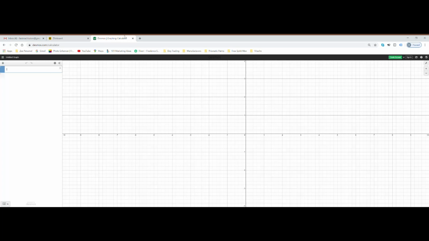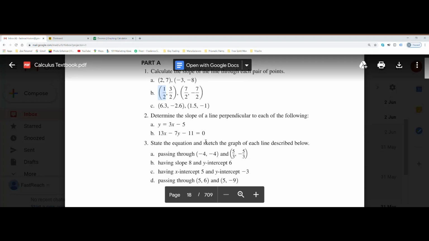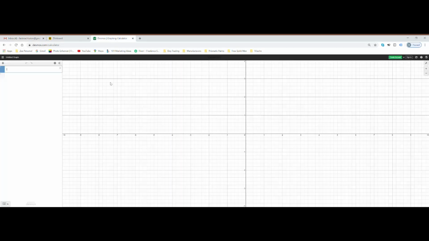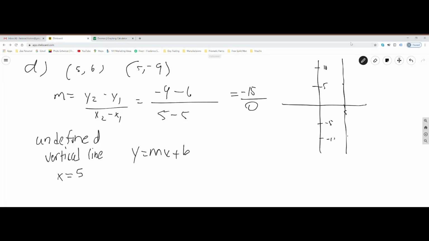So for instance, we found the equations, so let me just write all of the equations.